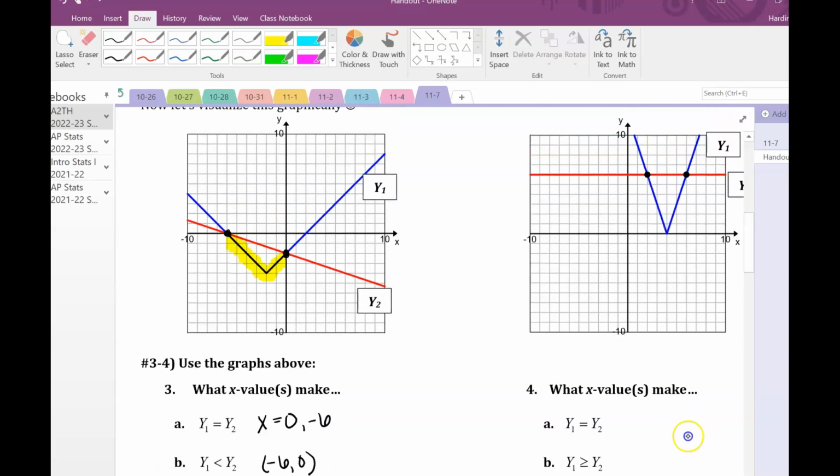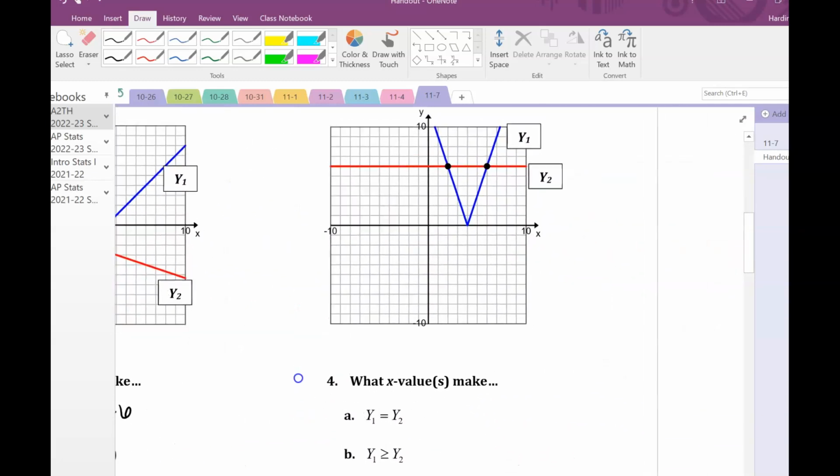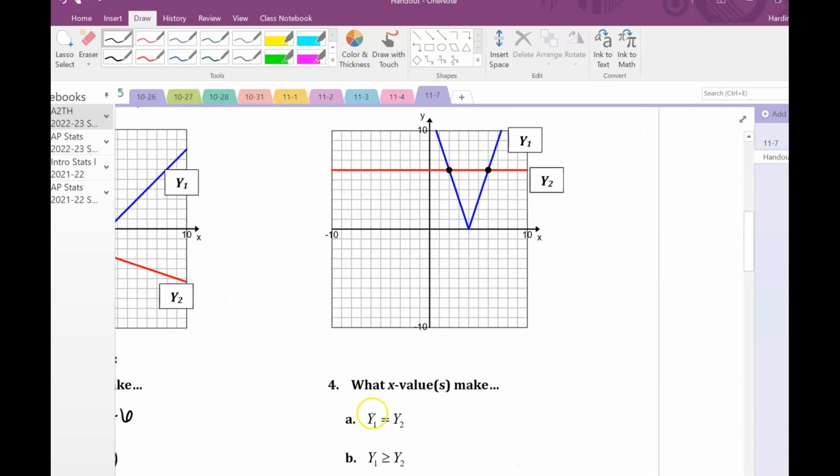All right, let's try this next one. It says what x values make y1 equal to y2? Well, the x values 2 and 6. So x is equal to 2, x is equal to 6. Where is y1 greater than or equal to y2?